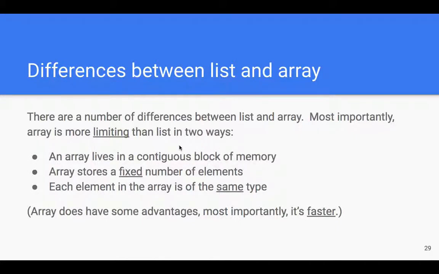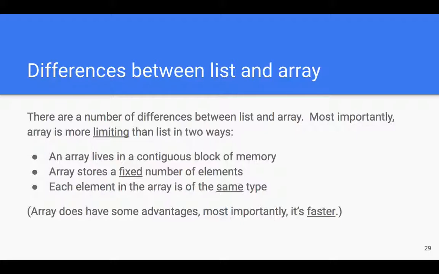But what an array is, as implemented in other languages, is that it will store a fixed number of elements. So if you allocate space for, let's say, 10 integers, then it's only going to have space for 10 integers, and you cannot easily add something to it or easily remove something from it.